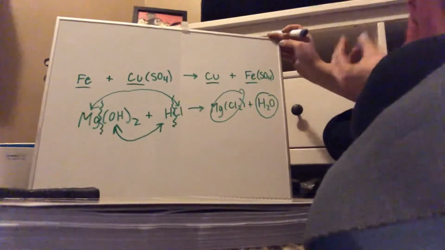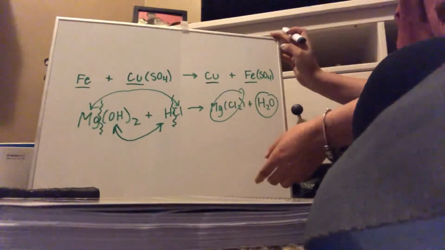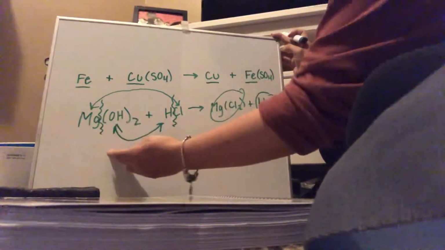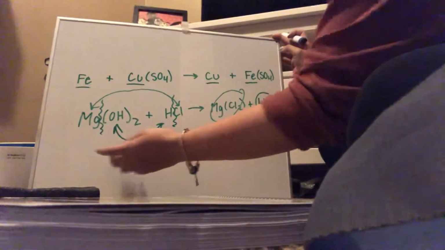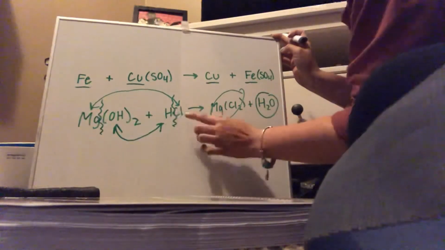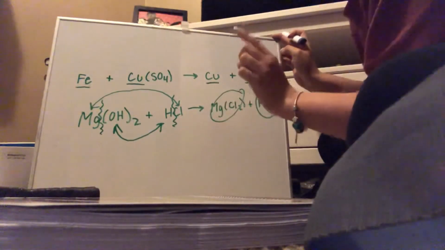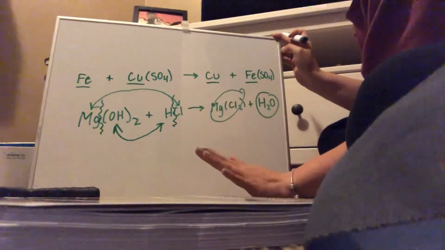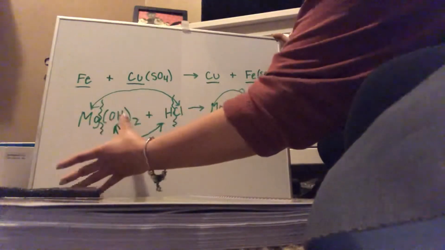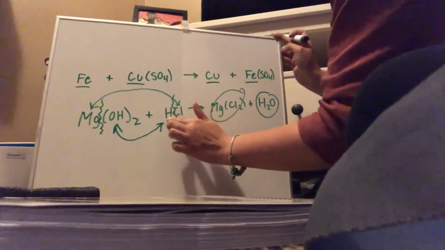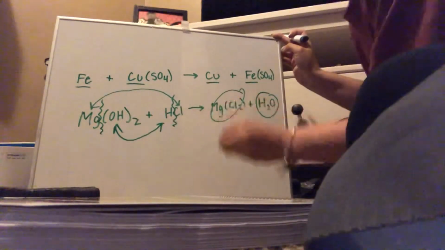The important thing here is to recognize that you have two parts. You have the cation, which is the first part of the compound, and you have the anion, which is the second part of the compound. Positive charge, negative charge. Positive charge, negative charge. Positive goes with negative all the time. So if you're breaking these two apart, your magnesium is never going to go with the hydrogen because those are two positive charges.